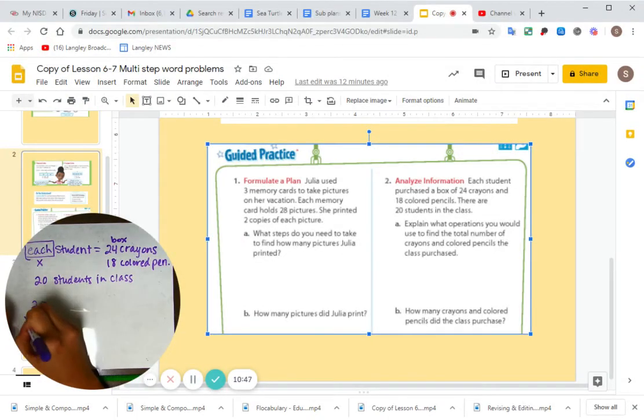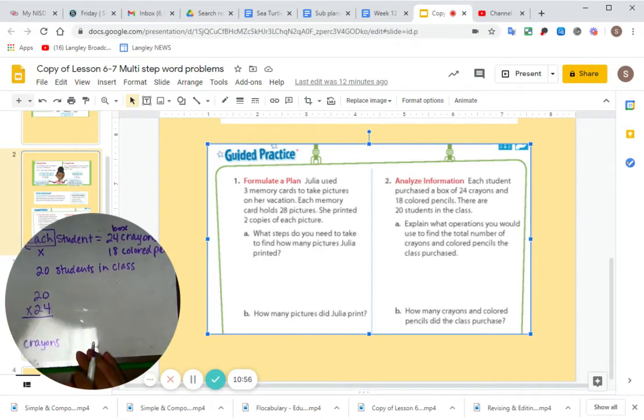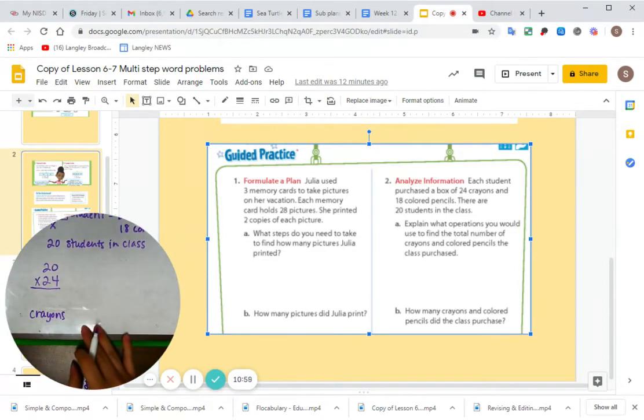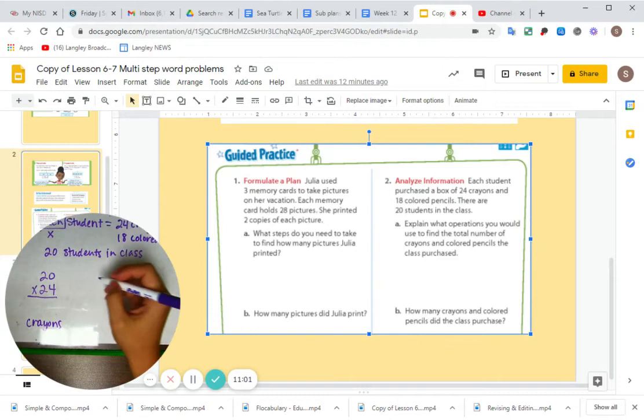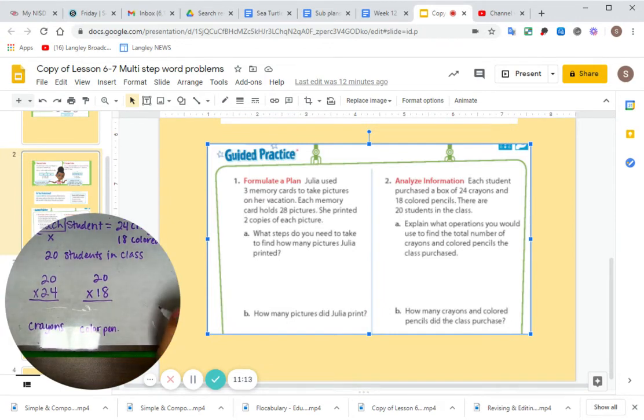Well, we could multiply 20 times 24, and that will give us our answer for crayons. And then we could also do 20 times 18, because that would give us our answer for colored pencils.